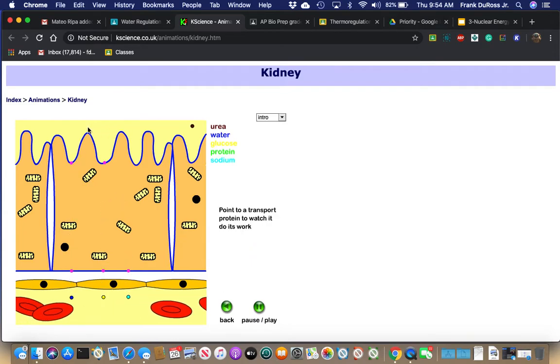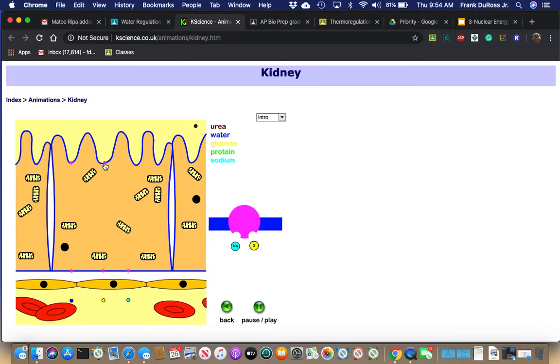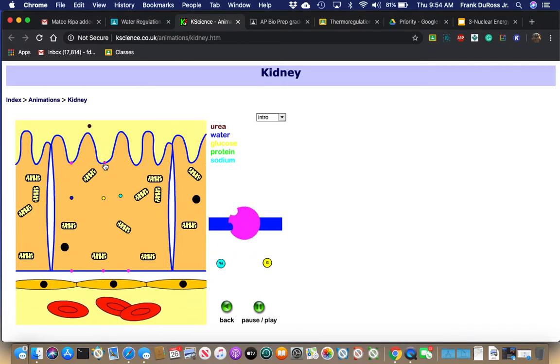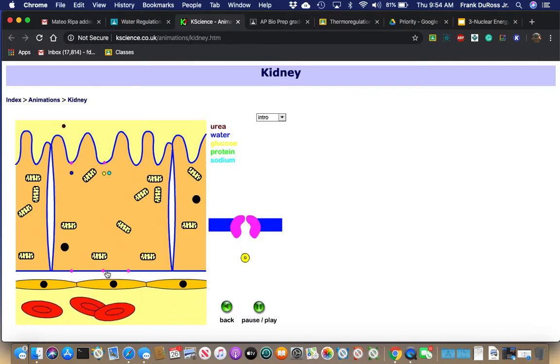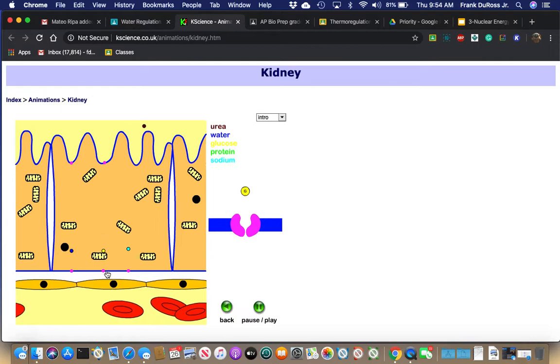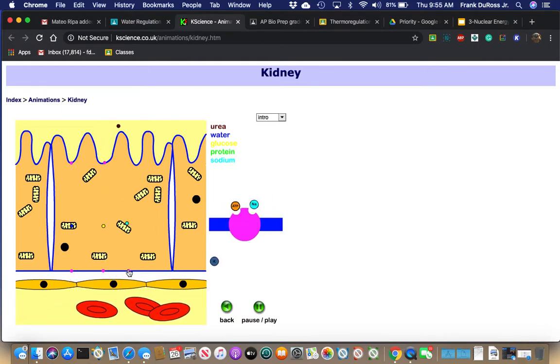If we hover over some of these, they are carrier proteins. Again, as we know, they're embedded in the cell membrane, allowing certain materials to pass through. You can see there are different types of carrier proteins that transport some of these materials across the cell membrane. They're specific for certain molecules.